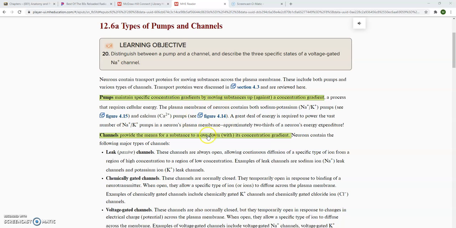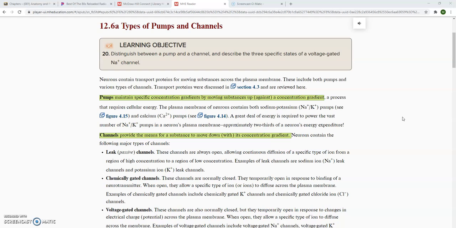All right, so the next is the pumps. So here are the descriptions of the pumps. They don't have any pictures, but we will look at some pictures later. What you should know is that a pump is still a membrane protein that's embedded in the phospholipid bilayer. But they call it a pump because it's actually an active transport membrane protein.